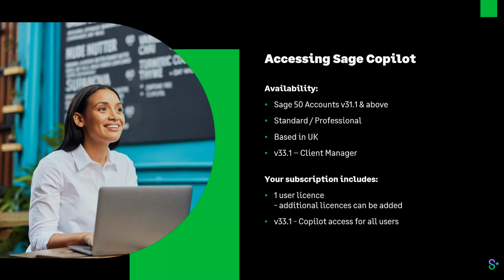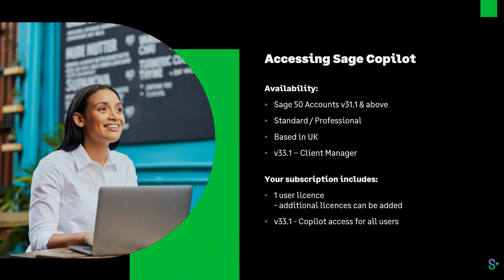A couple of things to mention on that one: in 33.1, anyone using the Client Manager level of the software will then have Sage Copilot available to them. So if you're an accountant and you're using Client Manager, you haven't got it just yet, but once 33.1 is out there, it will be added onto your license. You should then be able to access that. Now, your current subscription should include a single user license.